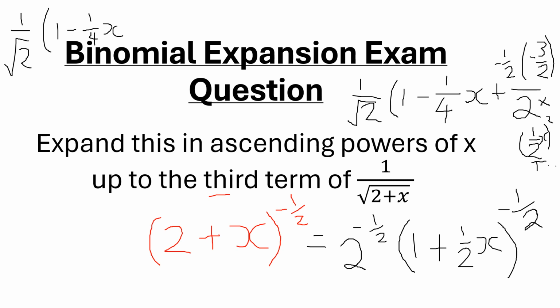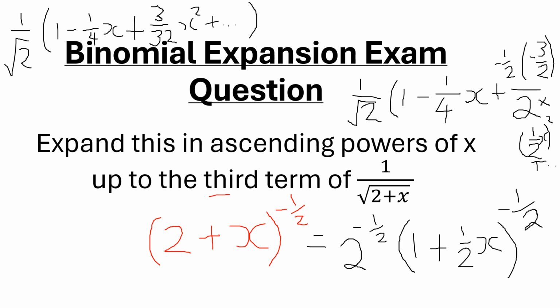So 3/8 times a quarter x squared. So 3/8 times a quarter, that'll be plus 3/32, or 3 over 32 x squared, plus dot dot dot.